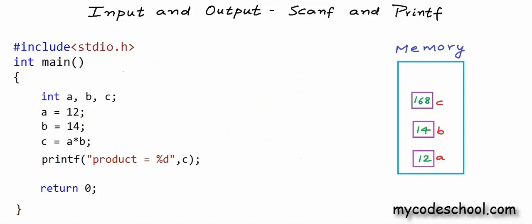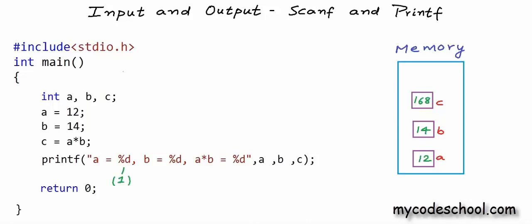Now I want to write my printf statement like this, and I want you to guess the output of this printf. What do you think should be the output? Now we have three %d in the string constant, and in total we are passing four arguments to printf. Apart from the string constant, we are passing three integers, one corresponding to each %d.